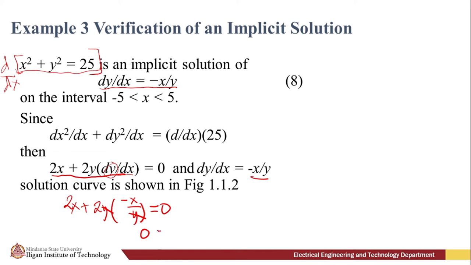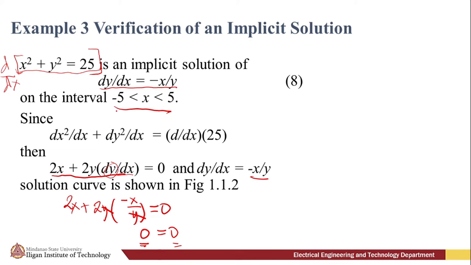So 0 equals 0. Hence, the right-hand side and the left-hand side equate. Then this function x squared plus y squared equals 25 is an implicit solution for the differential equation dy over dx equals negative x over y on the interval x from negative 5 to positive 5.